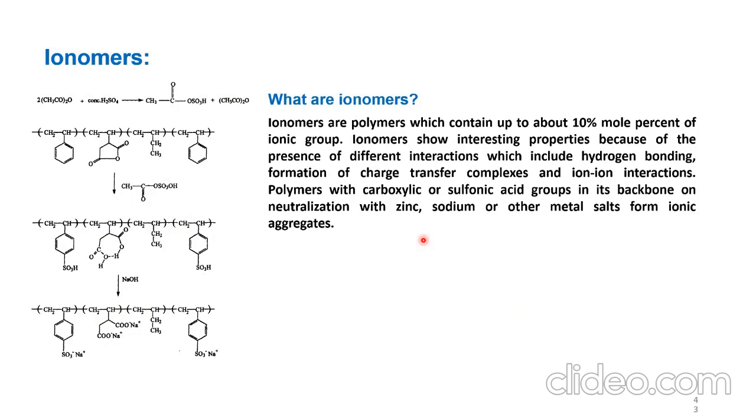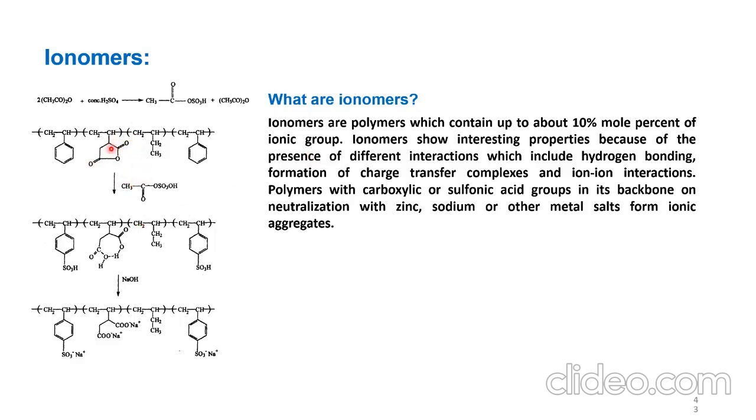Then ionomers. Ionomers are polymers which have a conductive group in them. To make the polymer conductive, we use certain ionomers so that the presence of ions can make the polymer conductive.